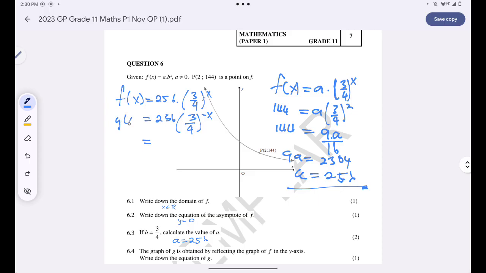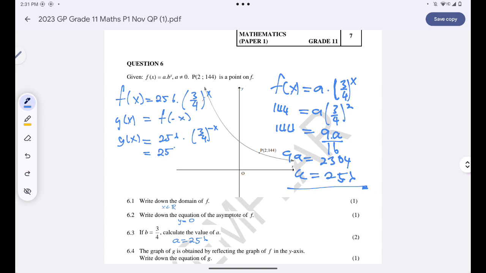Now we are finding g of x, okay, let me just not skip the steps. We find g of x by, whenever we reflect on the y-axis, we are changing the sign of x. So we'll simply have f of negative x, then g of x will be equal to 256 multiplied by 3 over 4 to the power negative x.